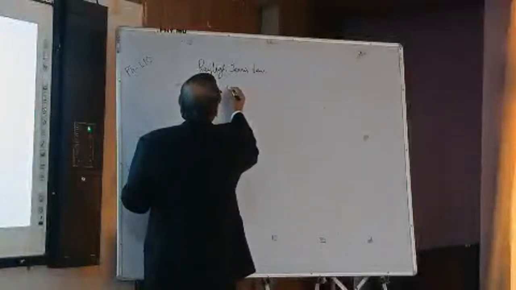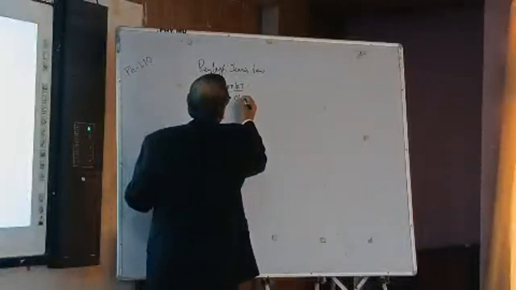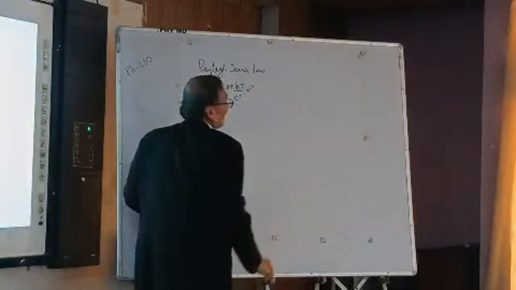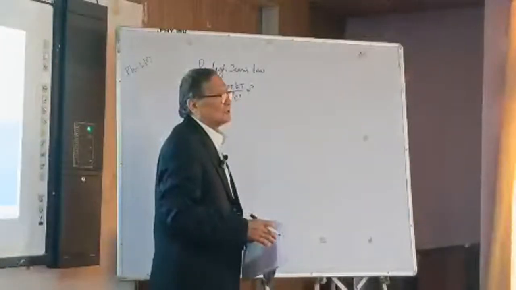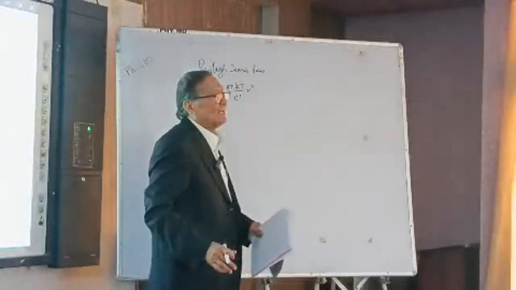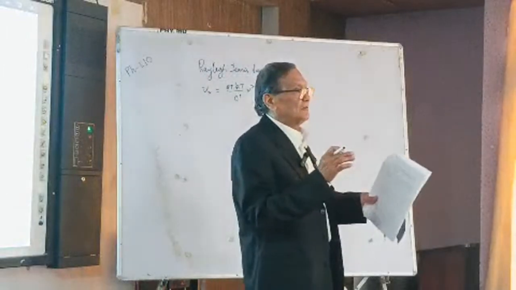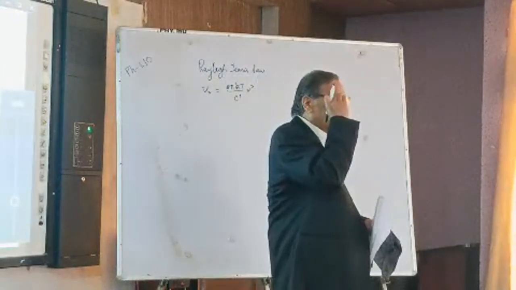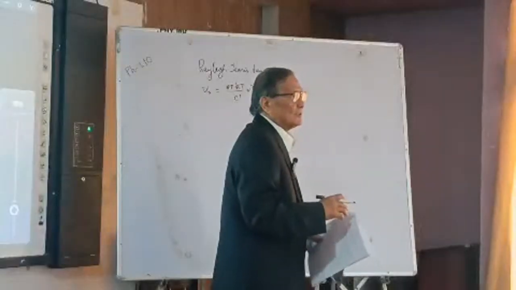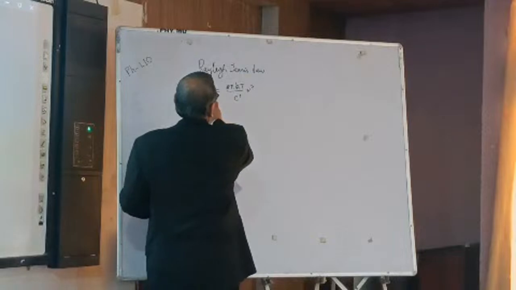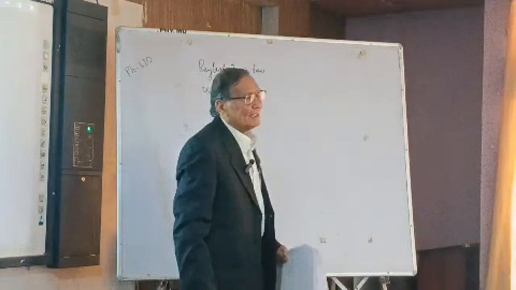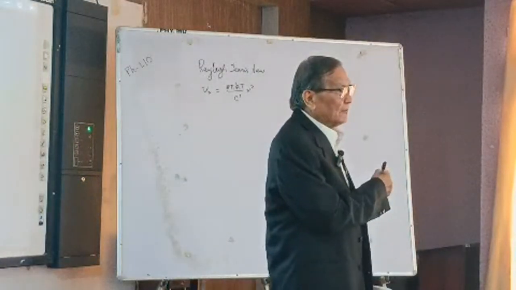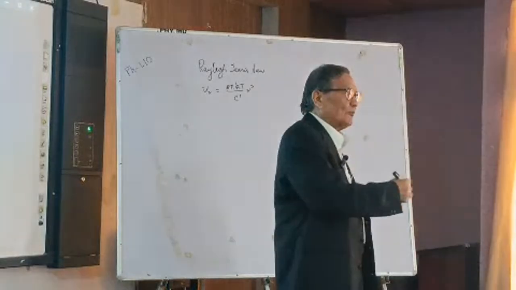U nu is equal to, I don't know whether it will be visible for you, nu square. Here nu is the frequency of the radiation, and U nu is the energy density. U nu d nu is the energy of the radiation lying between frequency nu and nu plus d nu. This expression says that the energy density will diverge like the square of the frequency, and the frequency can be very large, from 0 to infinity.